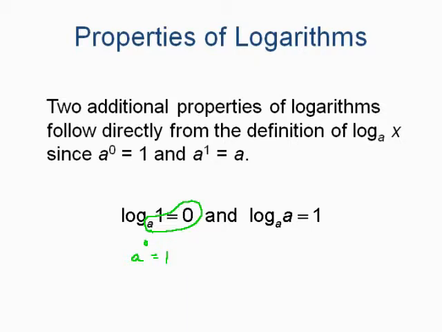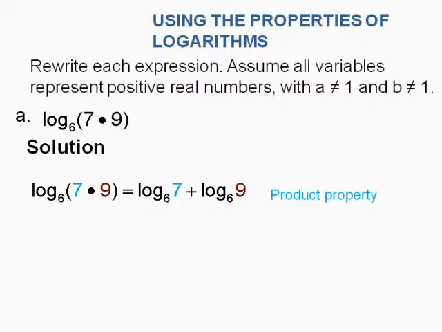If you try the log of 1 on your calculator, even though it's base 10, I bet it'll say 0. And notice, if you have the log of the same base number, a to the 1st equals a. Try this on your calculator. It will tell you the log of 10 is 1 without a doubt, because it knows there's a little 10 down there, and 10 to the 1st power equals 10. So again, logarithms are nothing but exponents in disguise.